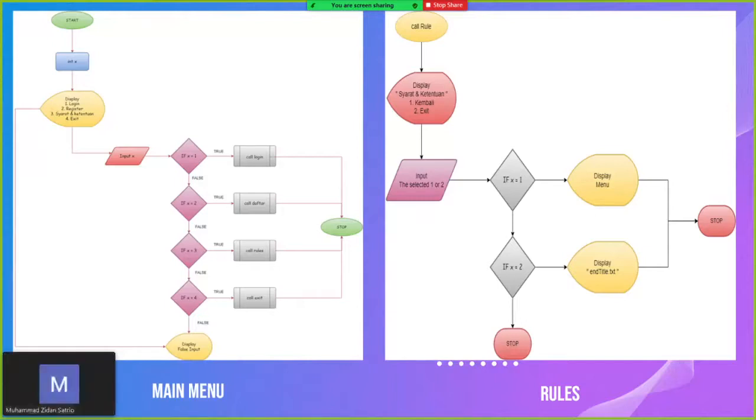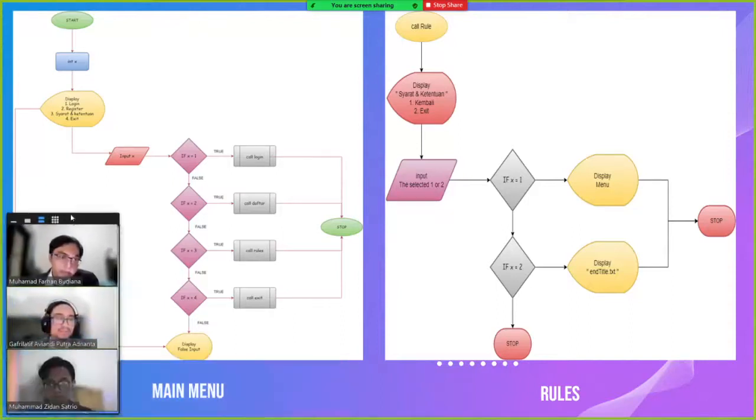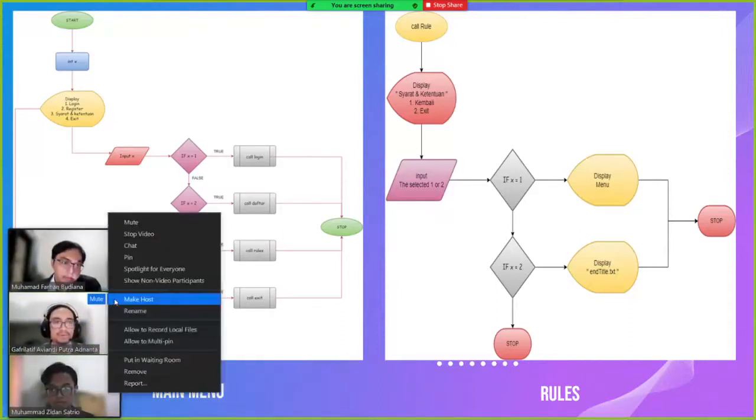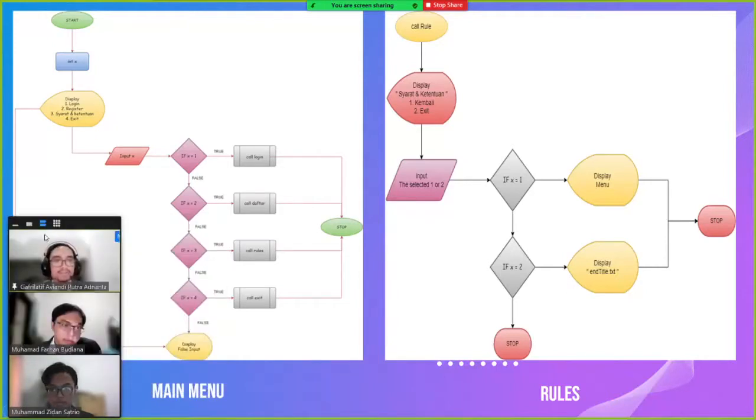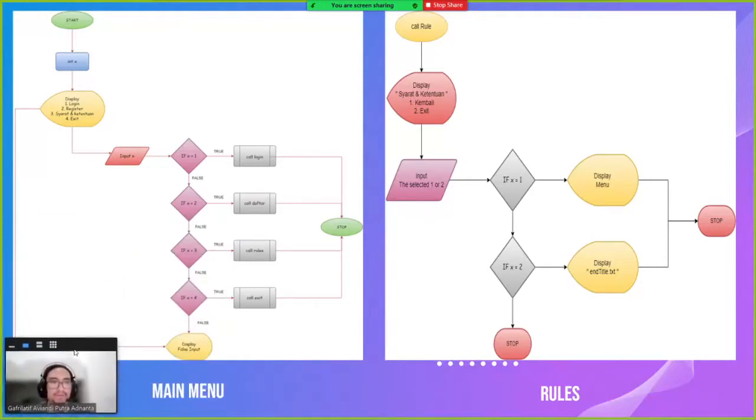If x is equal to 1, then we call the login function, and then after that we stop the program. And if x is equal to 2, we call daftar, and after that the program will stop. And if x is equal to 3, then we will call the function rules, and the program will stop.